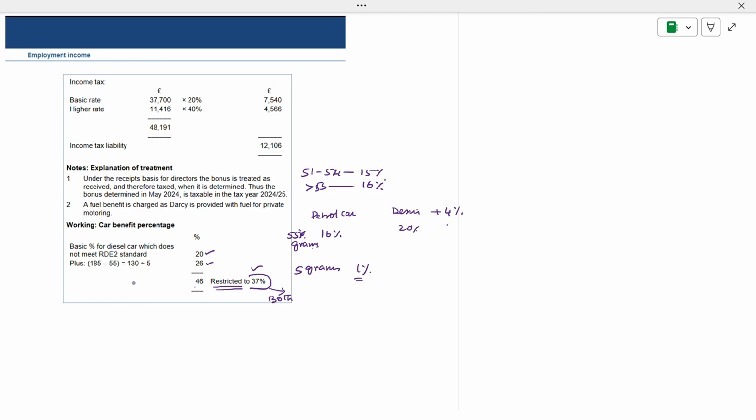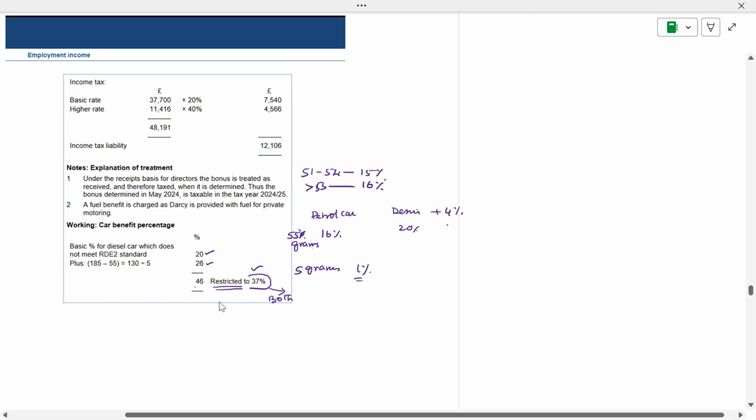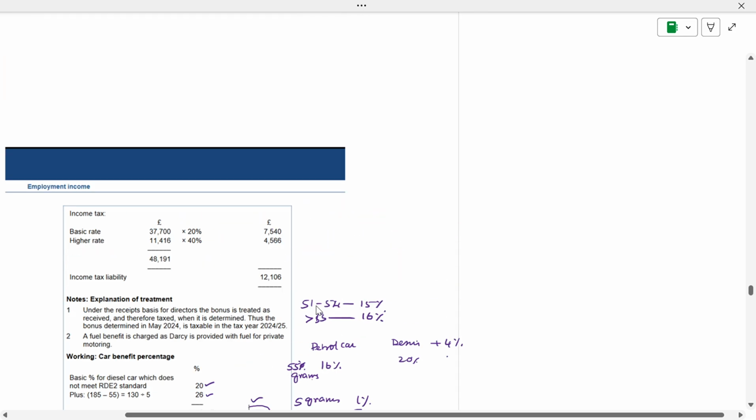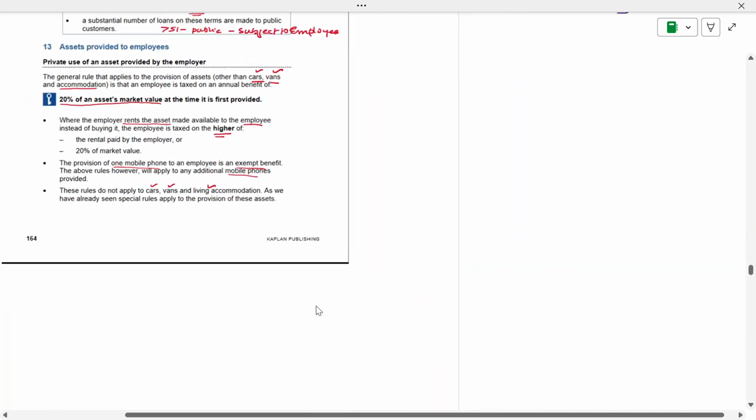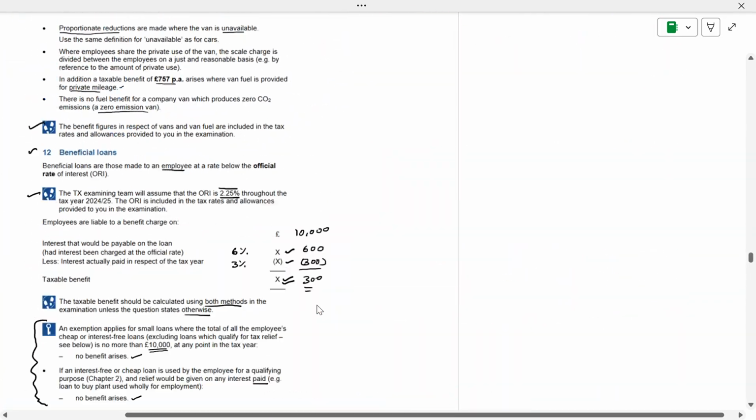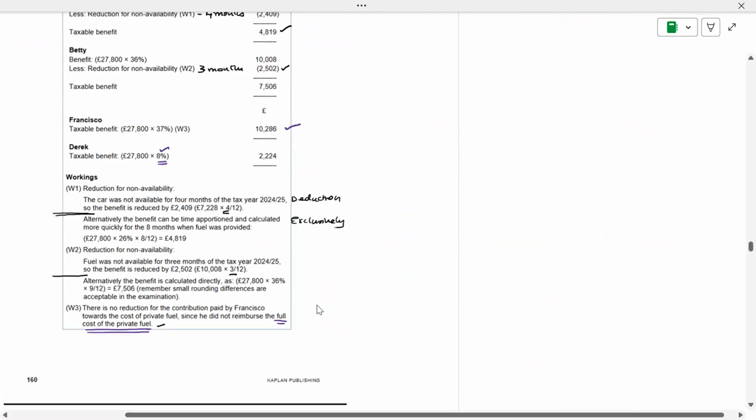Okay. Excuse me, sir. Yeah, tell me. So for diesel, when does it increase by 4%? I didn't understand that part. Yeah, so that is when RDE2 does not meet the emission rules. There is a CO2 emission rule which meets and which does not meet. Which page number, dear?